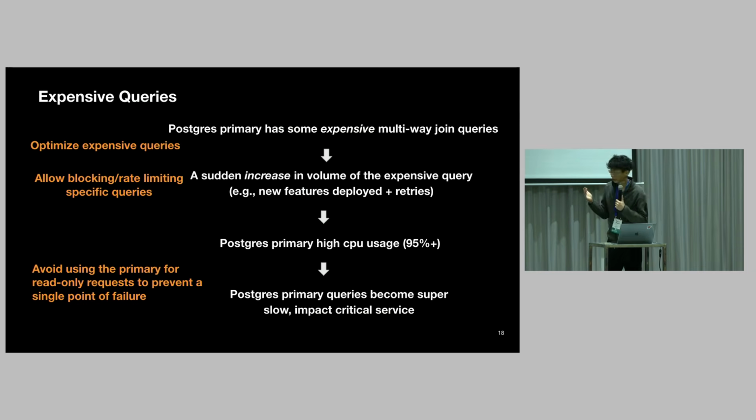And also we added some features so that we can allow blocking or rate limiting specific queries. So it can help us fix the issue quickly. If we find some huge volume of some queries, we can just block those specific queries to make sure it won't impact the entire system.